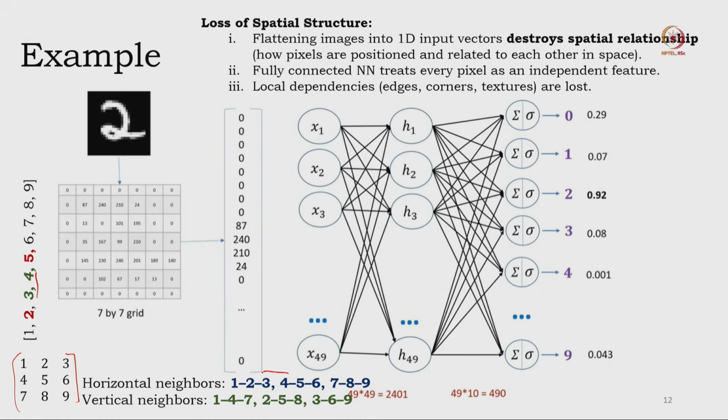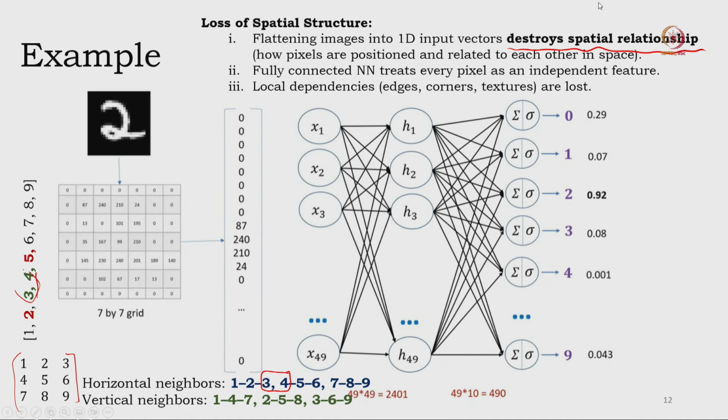So, there is no direct relation here, but in the vector they are neighbors. We are going to destroy the spatial relationship, which we cannot afford when we are dealing with images.